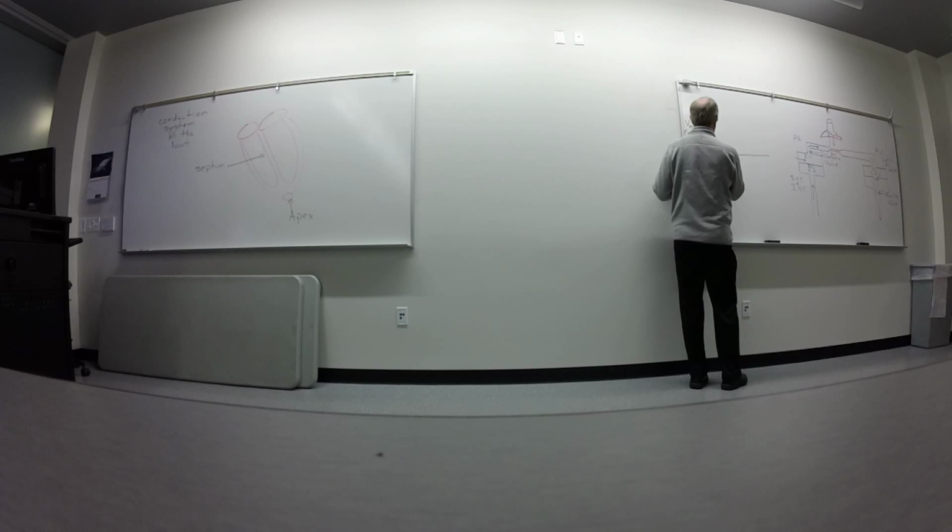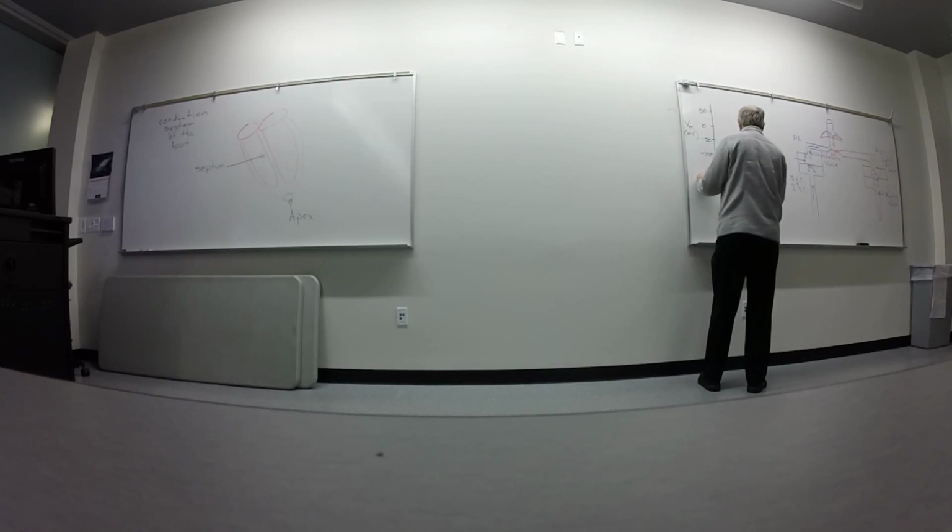Let me put the axes in here. So we have minus 100, minus 50, 0, and 50 millivolts. And then we're going to put time down on the x-axis, in units of milliseconds.